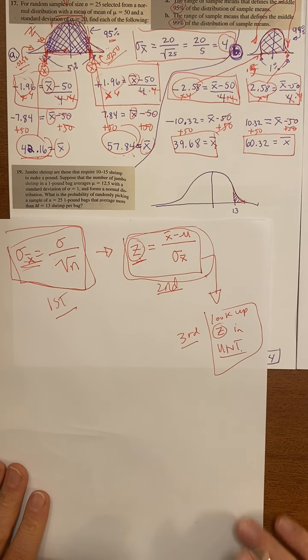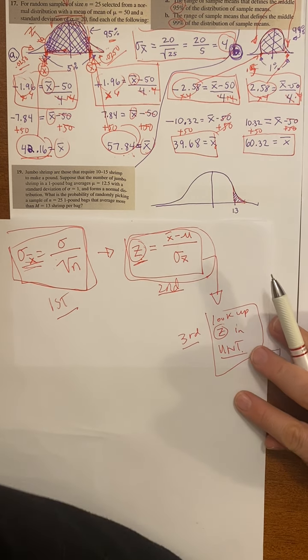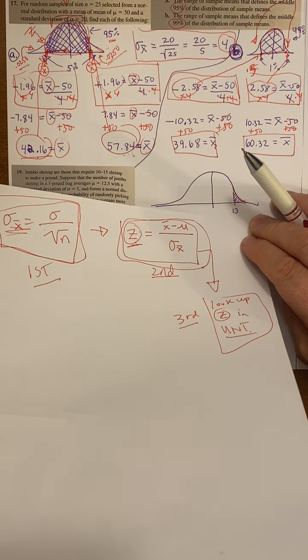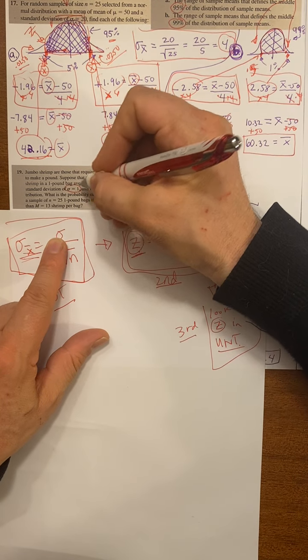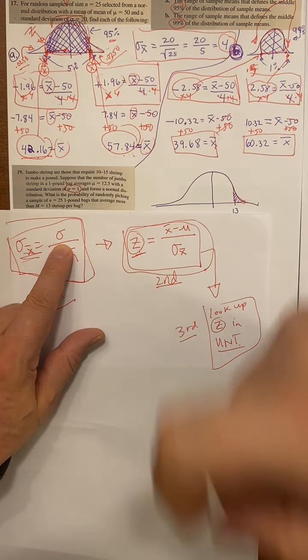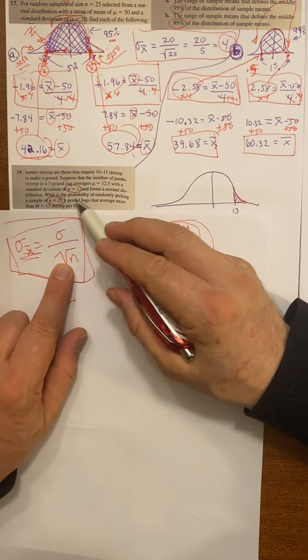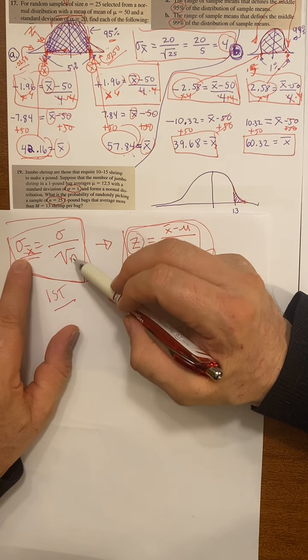First, let's think about the two equations, right? And what information did they give us with regard to the two equations? Well, I see a standard deviation right there, and I also see an n right there. So they've given us the two values for our standard error.